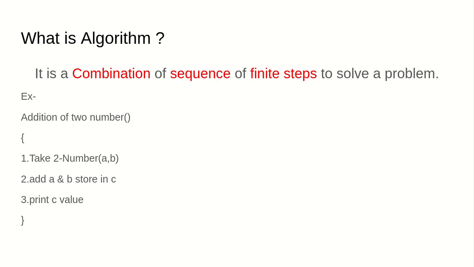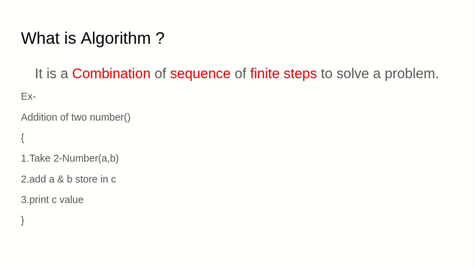Take the example of addition of two numbers. First we need to take two numbers, then add these two numbers and store in some variable, and then print the value. This is the combination to add two numbers.